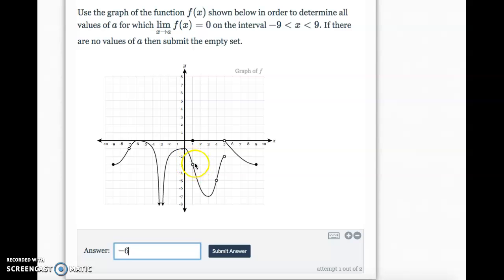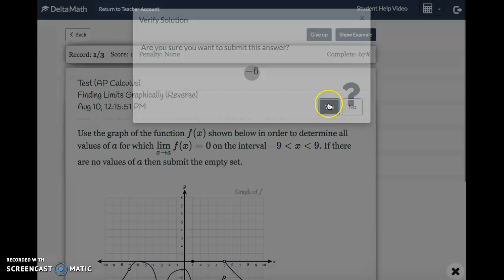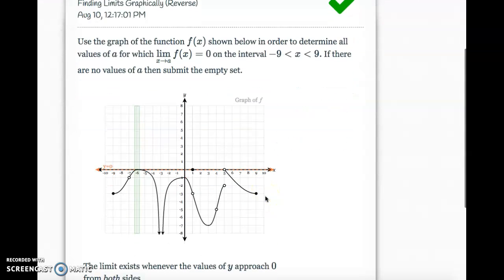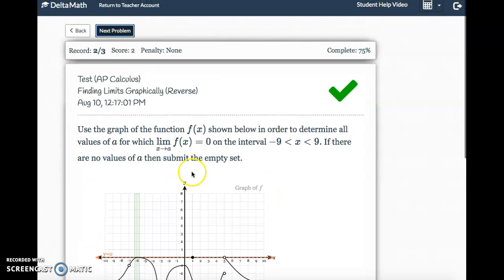My limit would be negative 3. Only the actual point would be 0. So be careful about that one. Nope, I don't think, because this doesn't hit 0. That does come from 0, but doesn't hit 0 down here. So I think that's the only place, again, where my general limit would equal 0. Yep. All right, let's try one more.